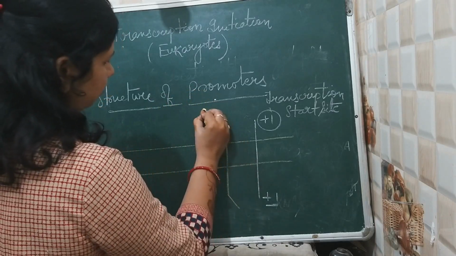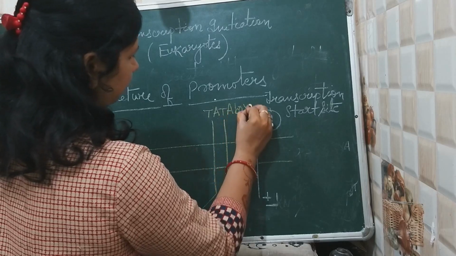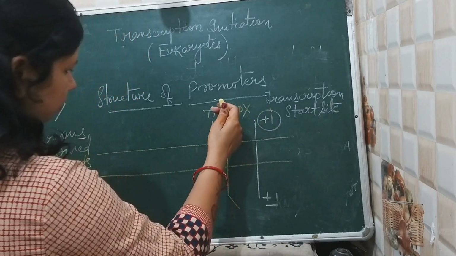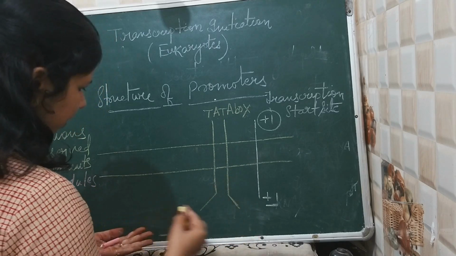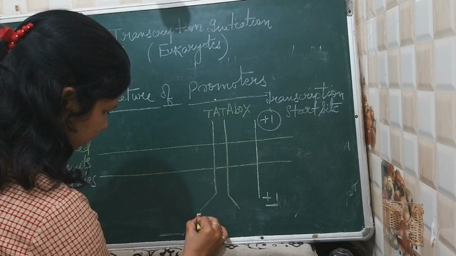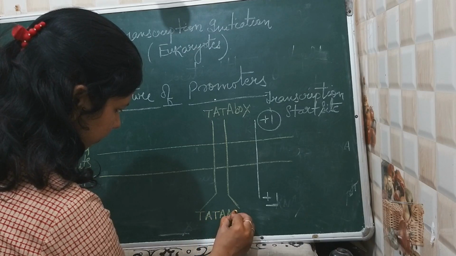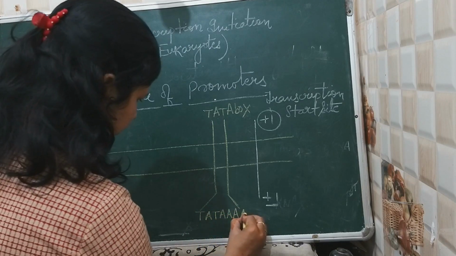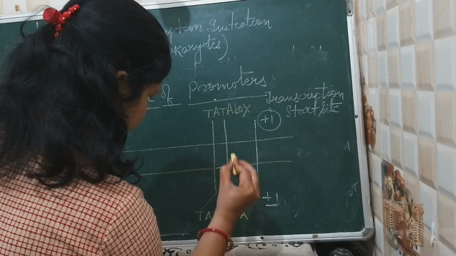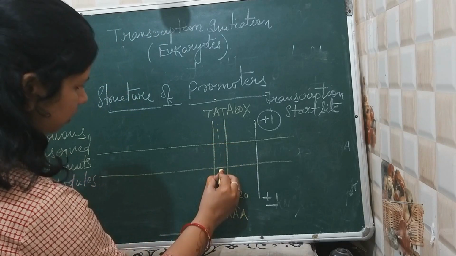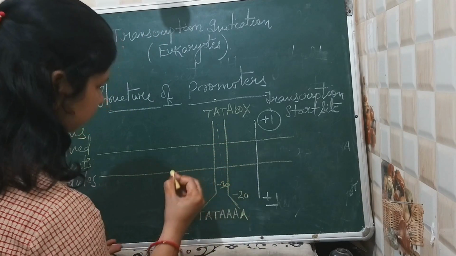This box is known as the TATA box, and its consensus sequence is TATAAA. Its start location is around -20, so in the middle it will be -30.